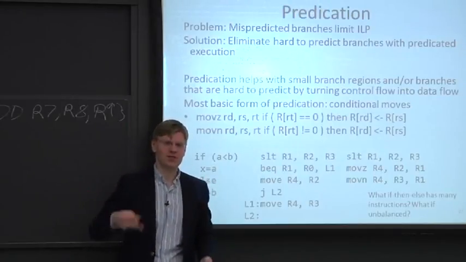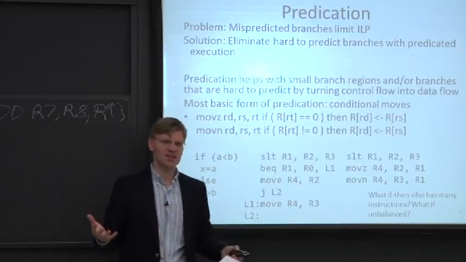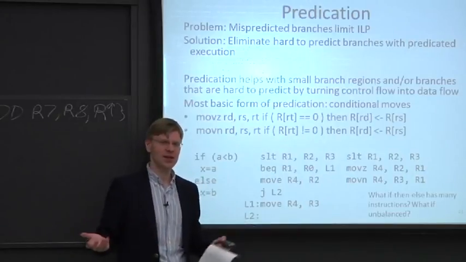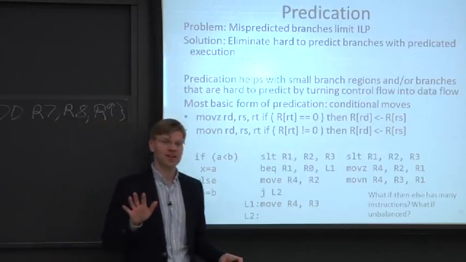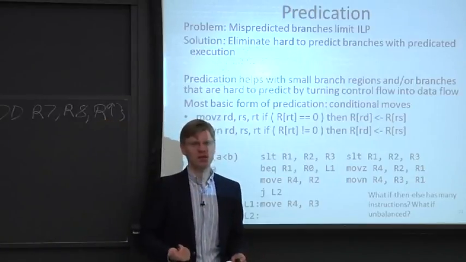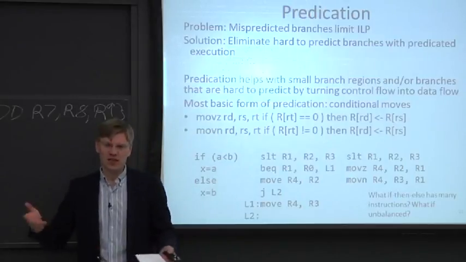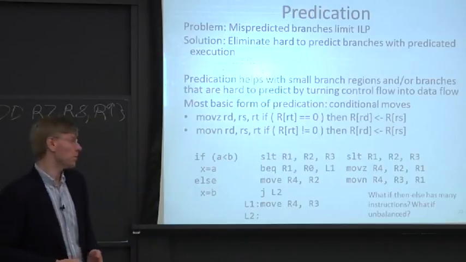If, for instance, you have 2 instructions inside of a code hammock, and your mispredict penalty is like 10 cycles, and the branch is taken 50% of the time either way, your average mispredict penalty is going to be something like 5 cycles. You could have just executed the code in the middle. It would have been faster. You could have executed the 2 instructions and then just done a conditional move at the end, and that would have been basically always better.